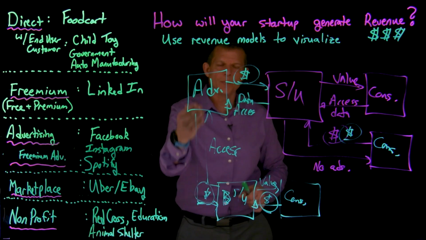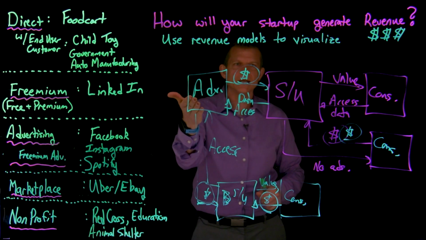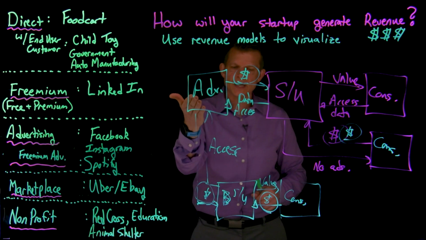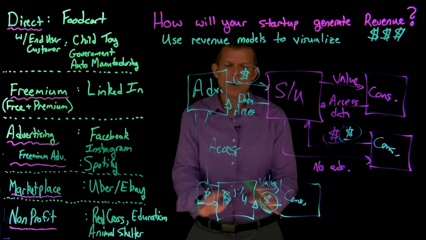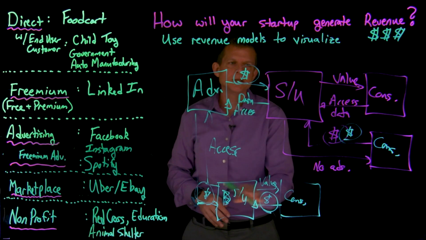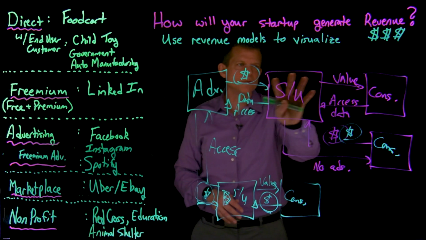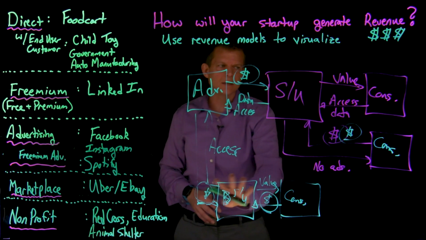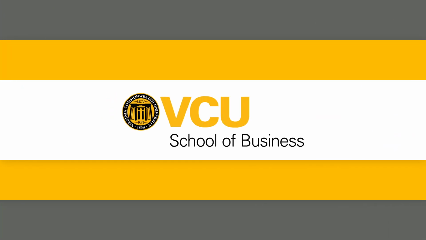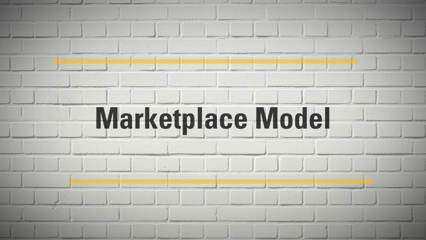So again, an example of how we can just tack on an advertising revenue stream really within multiple models that we talk about, including the direct. So advertising freemium, advertising direct.